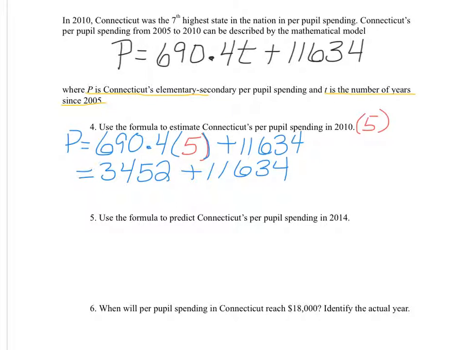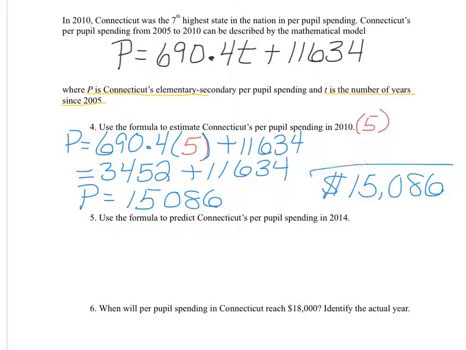Add those two together. So P is equal to $15,086 in Connecticut.